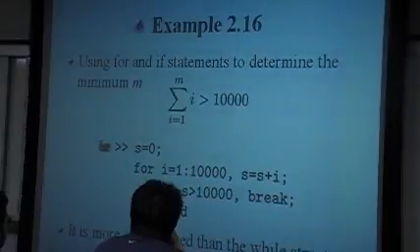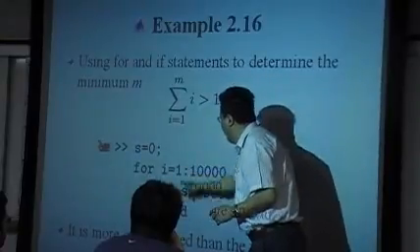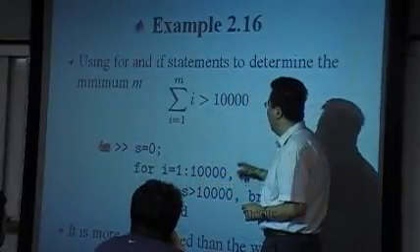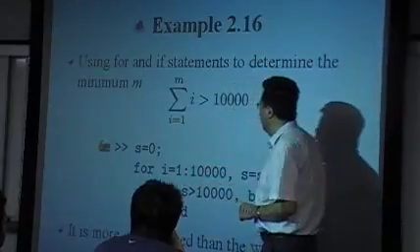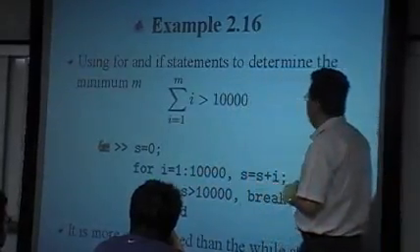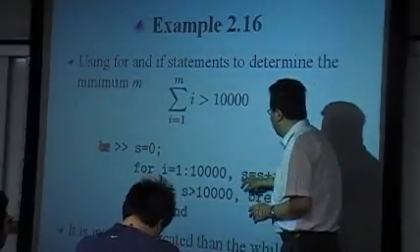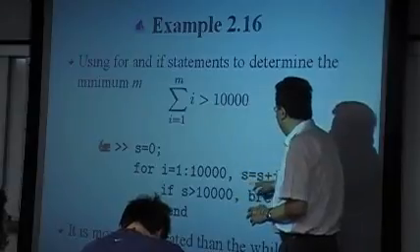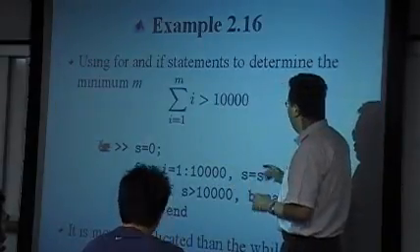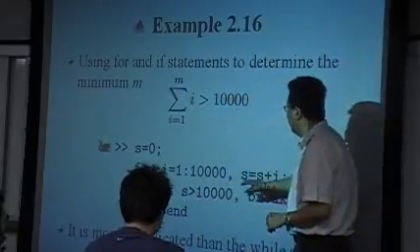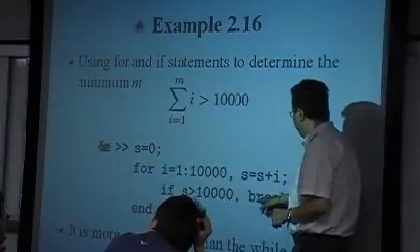Suppose s equals 0, and then we do the for loop, and we use a large number here, any number you like, but do not use small numbers. And then, as in a normal for loop, we add the term to s. And then we check whether the sum is greater than 10,000. If it is, then we use the break command.